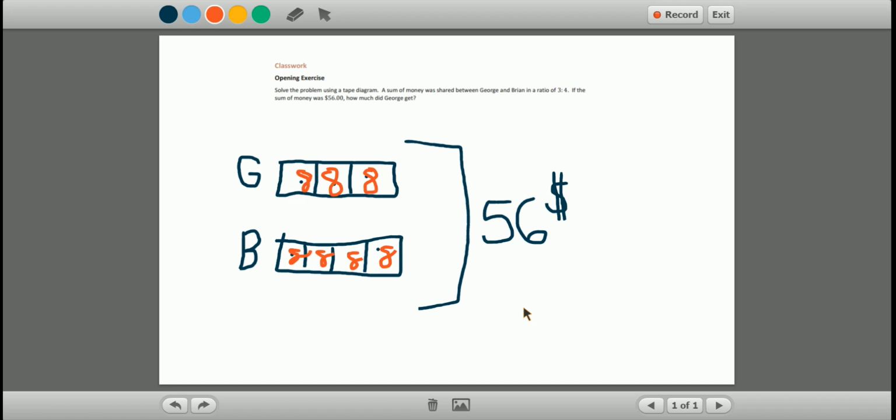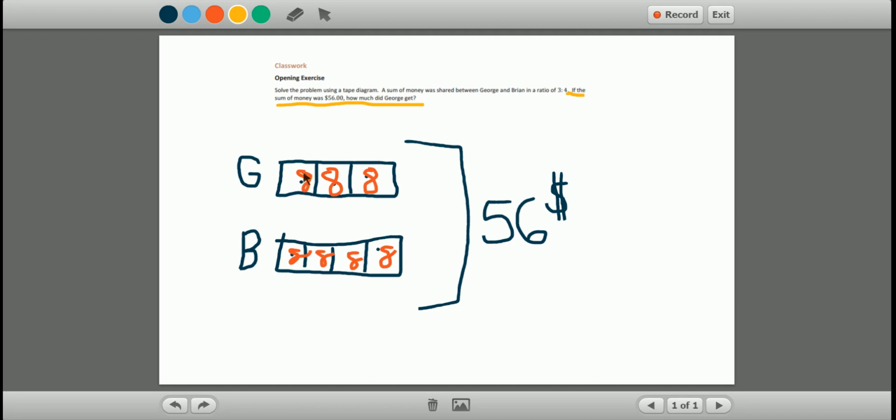So I'm going to go back to the original question. The original question says, if the sum of money was $56, how much did George get? I want you to think about that for a minute.